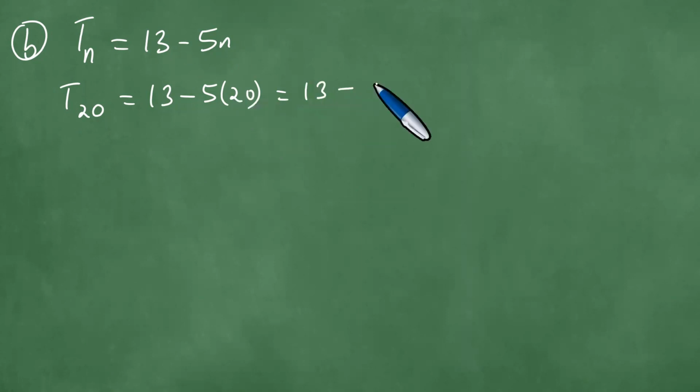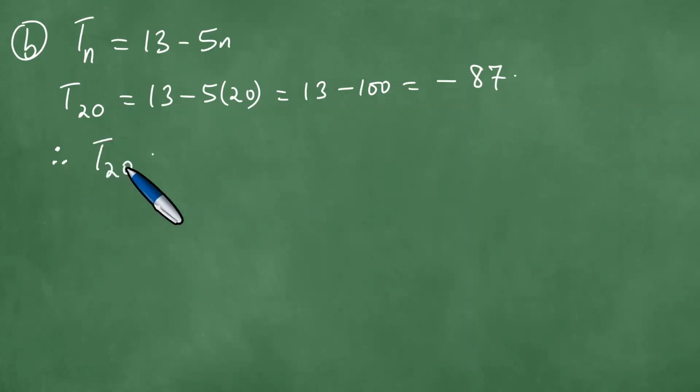What is 5 times 20? It's 100. So if we're doing 5 by 20, we have already seen it's 100, and we subtract it from 13. Because I'm going to give you some exercises, so you must be ready to try some exercises. The result is negative 87. Okay. So therefore, T sub 20 is minus 87.